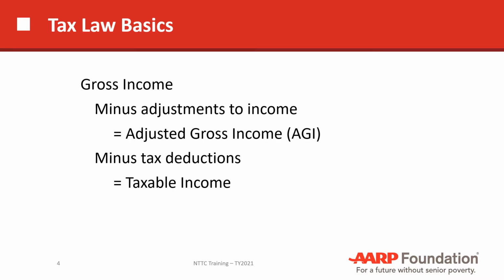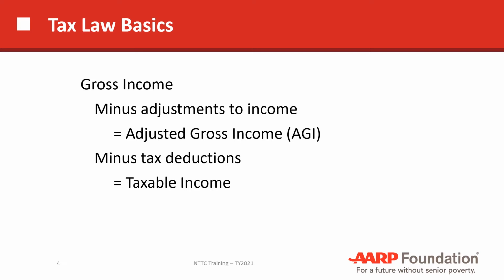Let's talk a little bit about simple calculations on the front page of the 1040. First of all, gross income. How do we calculate adjusted gross income? If you take gross income minus any adjustments to income, and we'll look at the 1040 itself and see that there's a section called adjustments to income, then you get the adjusted gross income, the AGI.